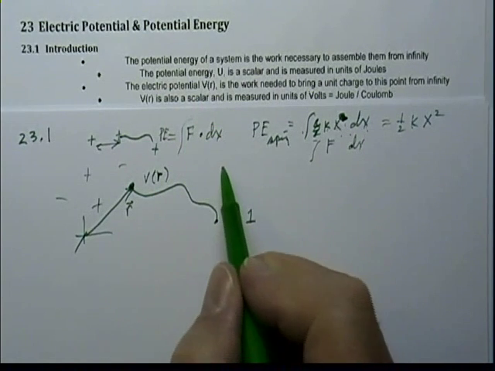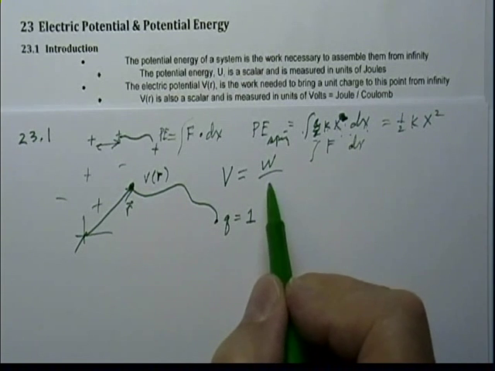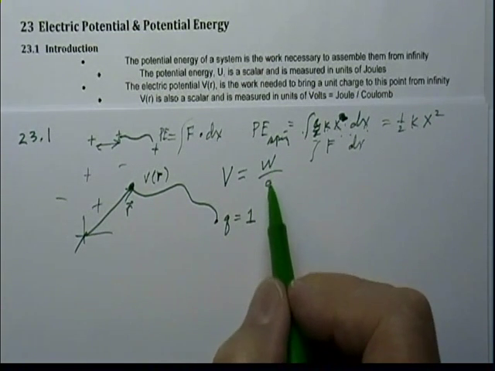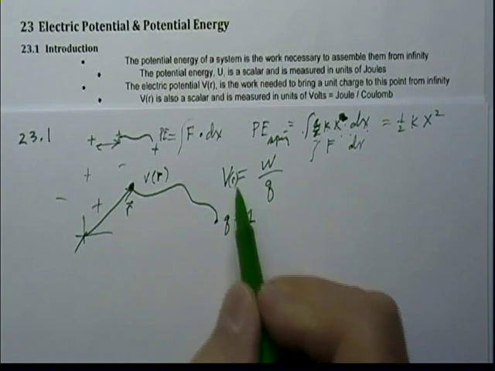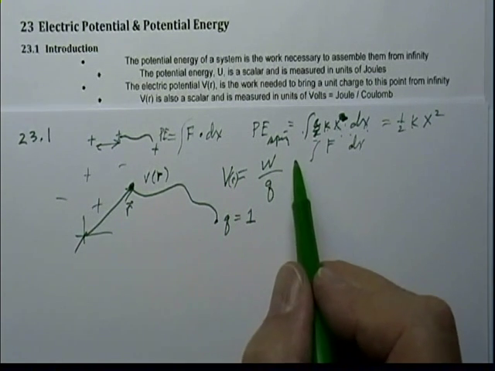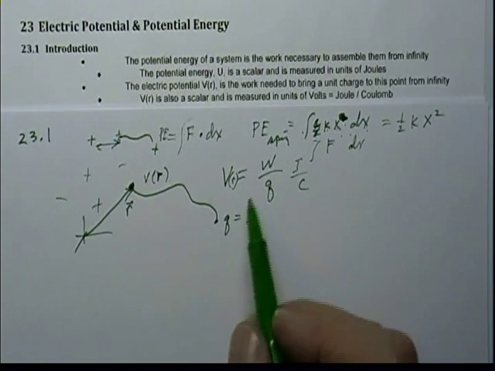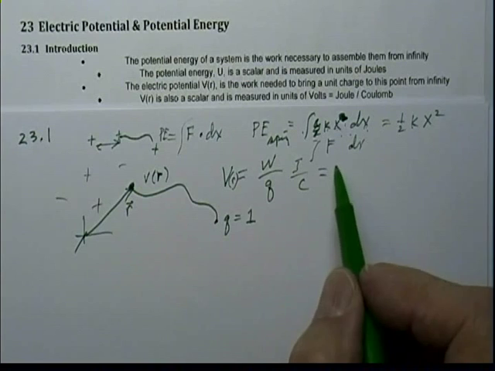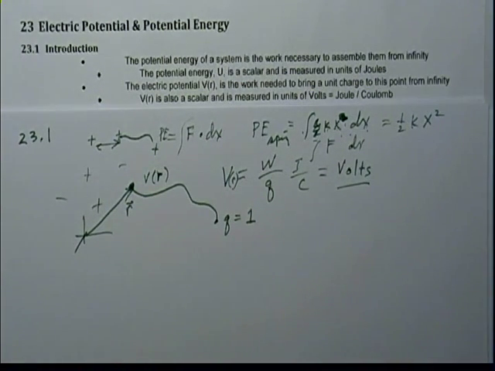So V is the work that we do divided by the charge it takes to bring that in to a given position r. That's potential. Now this is something that you've seen before. In fact, you're familiar with volts, like the voltage on your car, the voltage for your AC, for light bulbs, and so forth. So that is called the electric potential.